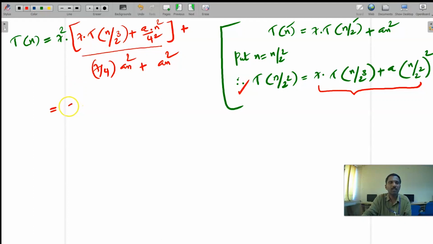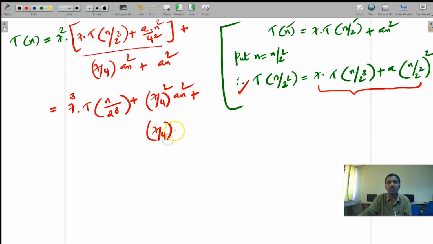We have 7 square into 7, 7 power 3 into T of n divided by 2 power 3, plus 7 square by 4 square. Let's write this as 7 by 4 the whole square multiplied with A n square, plus 7 by 4 multiplied with A n square, plus A n square. This is the simplification in this stage.